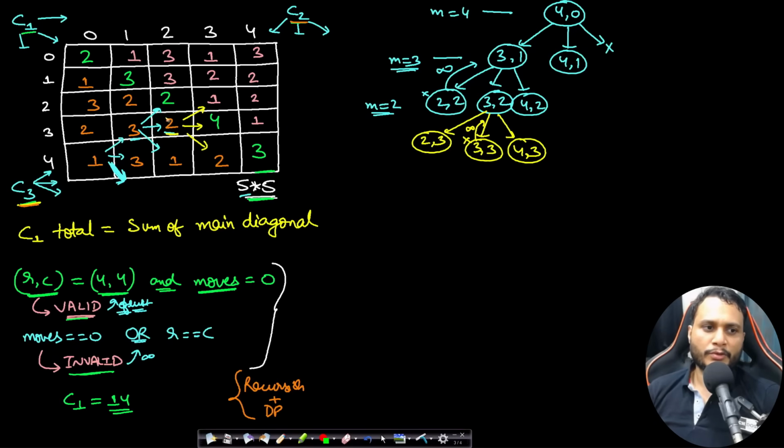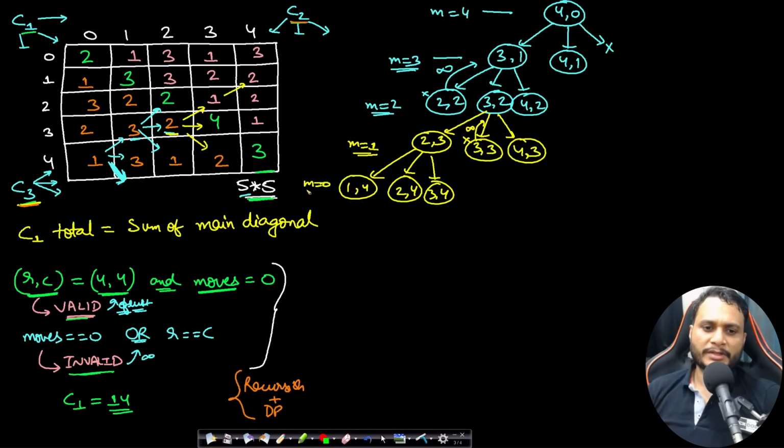Okay, so 2 comma 3 is outside here. The number of moves you have is only 1, so let's expand this 2 comma 3. From 2 comma 3, where can you go? You can go to 1 comma 4, 2 comma 4, or 3 comma 4.